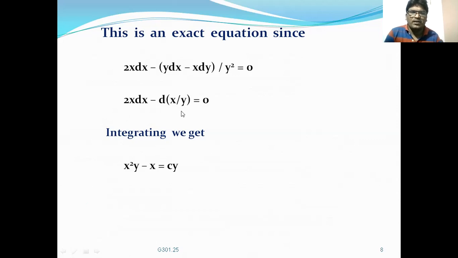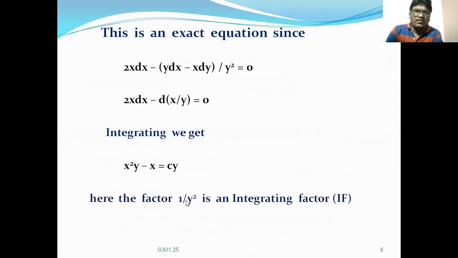After taking LCM, you will get x square into y minus x equals cy, by cross multiplication. This is the required solution. Here the factor 1 by y square is an integrating factor.